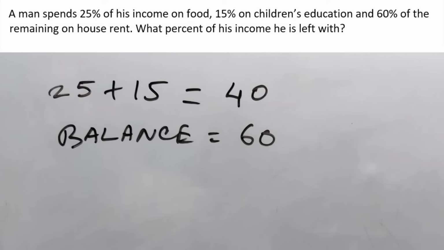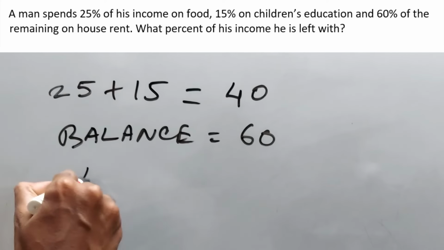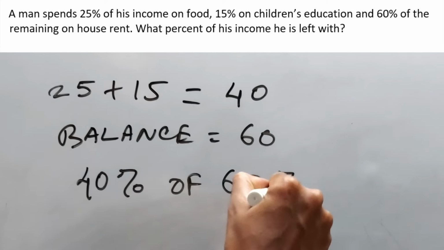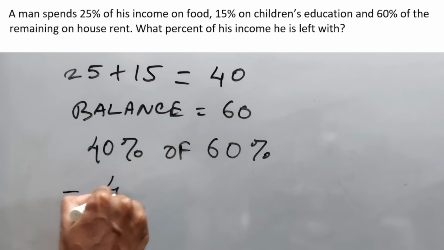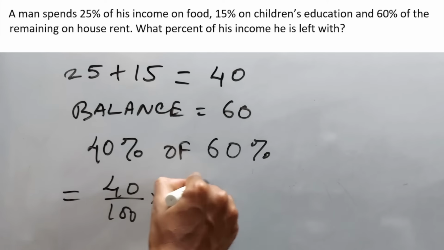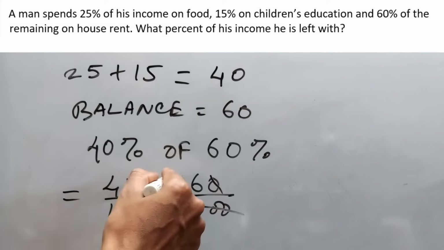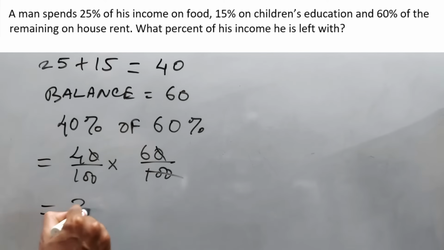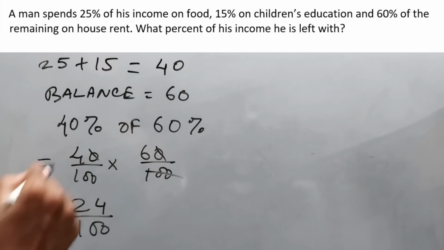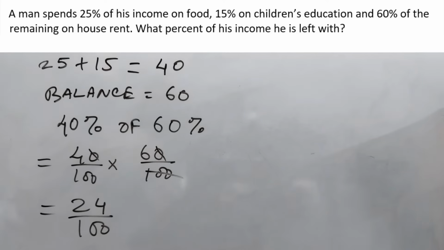Now 40% of 60%, right? 40% of 60% is equal to 40 by 100 into 60 by 100, right? 24 by 100. This one is equal to 24 by 100. Let's not remove this 100. This is the trick and we must know this. This one is equal to 24%, right?